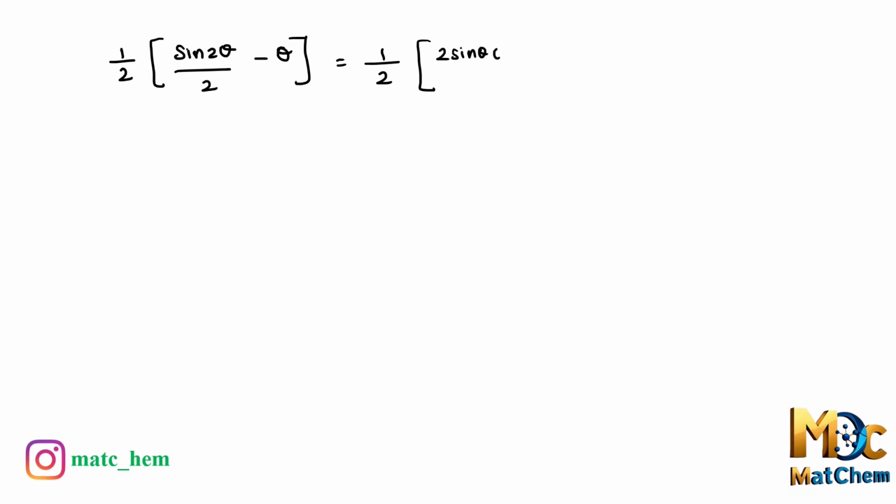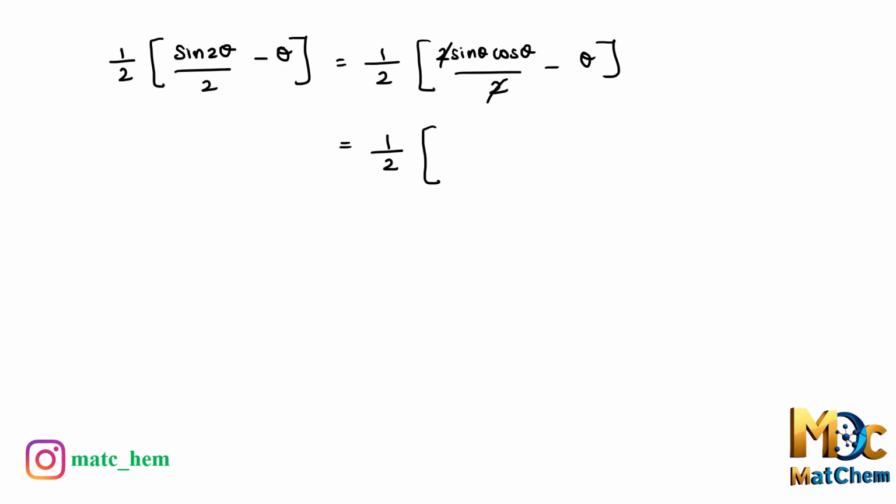So we got 1 by 2 into (sin 2 theta divided by 2 minus theta). That is equal to 1 by 2 into (2 sin theta cos theta divided by 2 minus theta). 2 and 2 will get cancelled out.